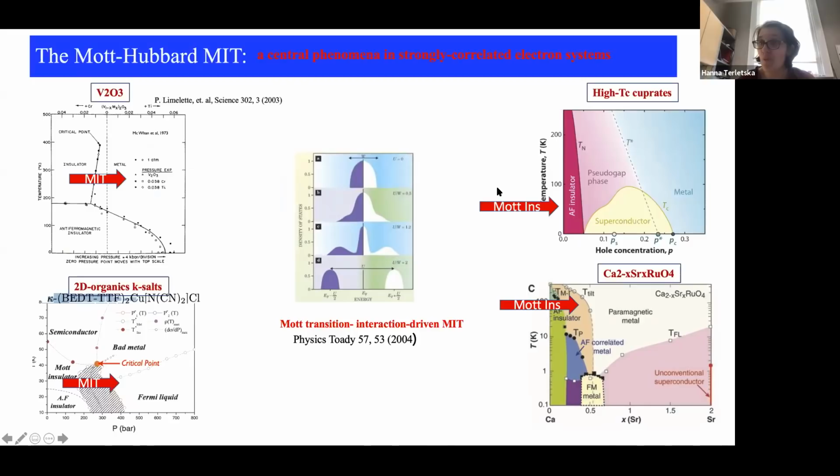Also, Mott insulator is a parent compound of high temperature superconductors. So the discovery of high temperature superconductors in the 80s ignited yet another interest in understanding and solving the Mott insulator problem. And finally, Mott insulator can also be found in strontium ruthenates, shown here in this part of the phase diagram.